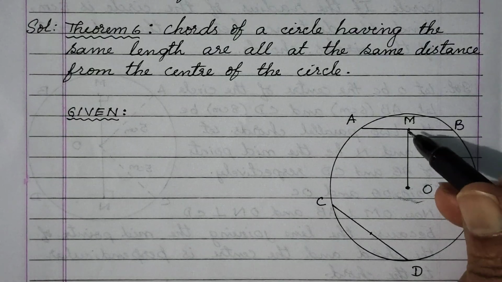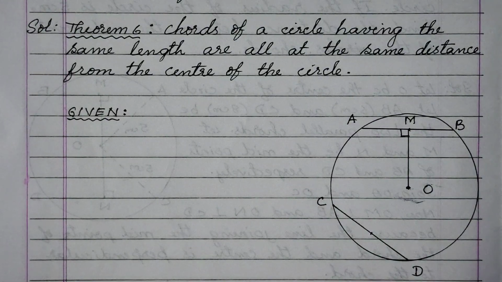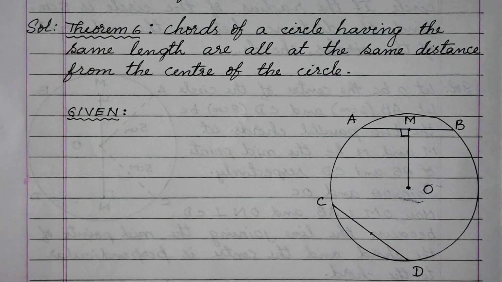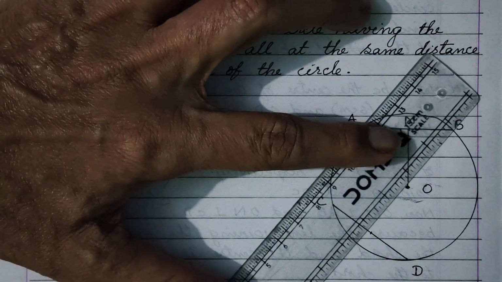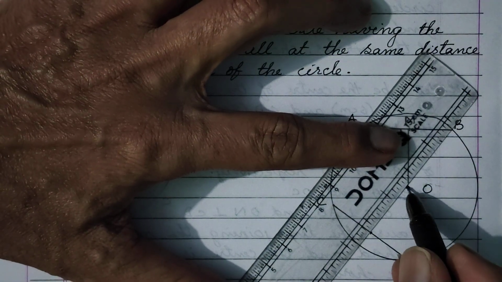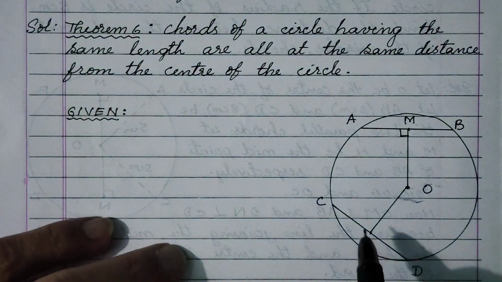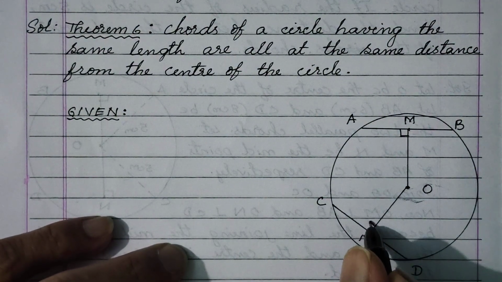So the line OM represents the distance between O and AB. Same way I will draw one more perpendicular from O to CD. That is N. ON is perpendicular.